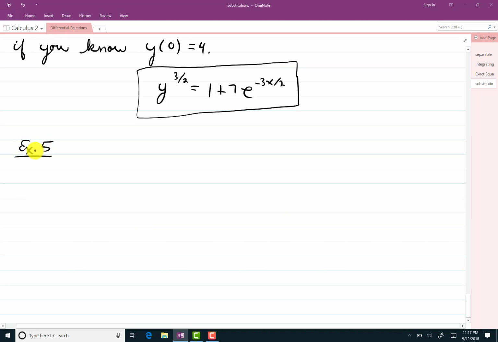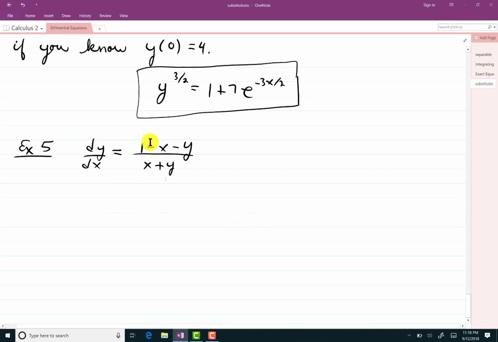For my last example, I want to do an example of one that doesn't really have a form of anything we've done so far. What I'm talking about is trying to use a substitution which seems natural in the context of the problem.